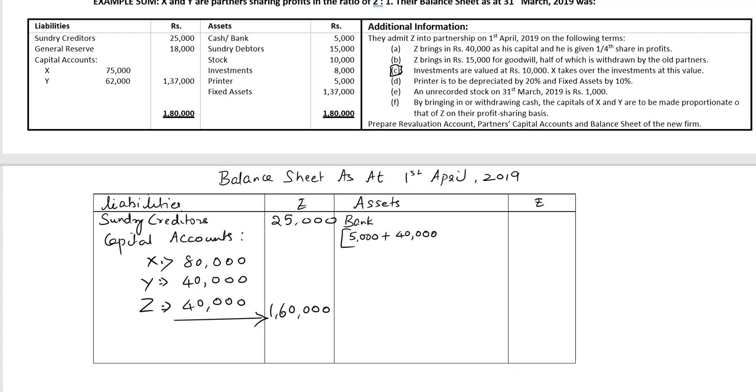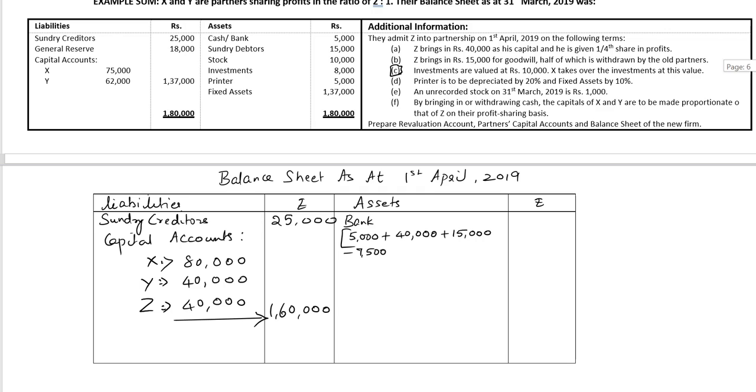Z also brings in rupees 15,000 as premium for goodwill. So plus 15,000. The sacrificing partners withdraw half of the premium for goodwill. So minus half of 15,000, which is 7,500 rupees.